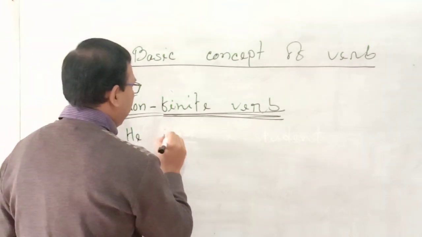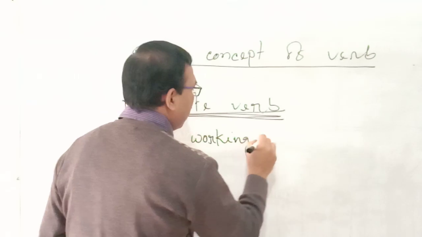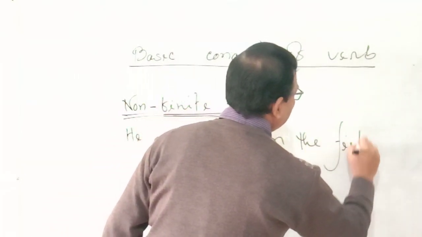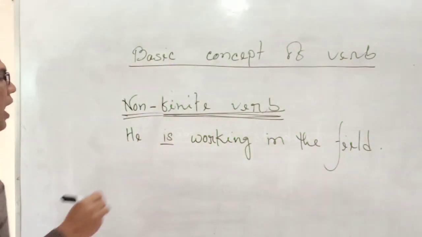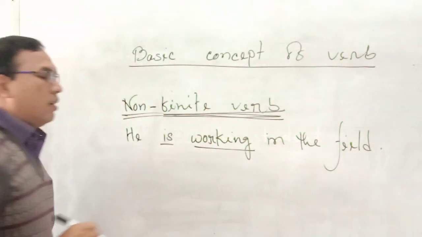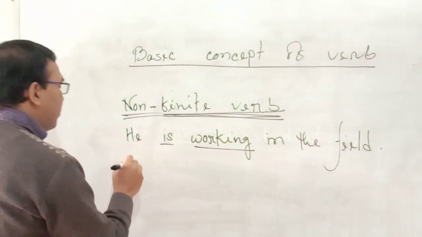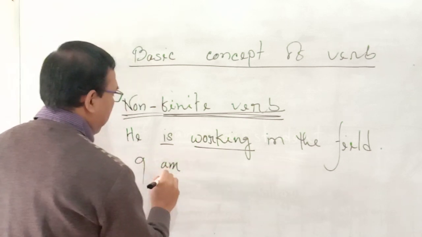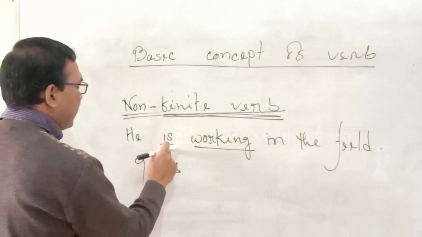He is working in the field. Here, is is the finite verb and working is the non-finite verb. If we just change the subject, he to I am, the finite verb changes from is to am.